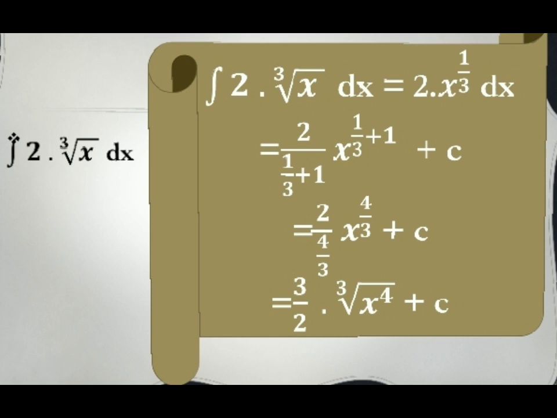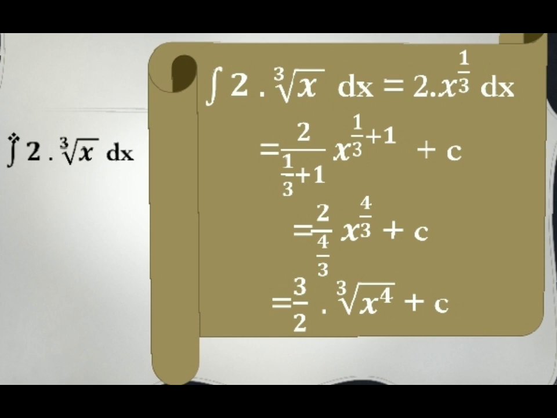To simplify that, we have 2 over 1/3 plus 1 times x raised to the power of 1/3 plus 1, plus c. Simplifying, we have 2 over 4/3 x raised to the power of 4/3 plus c.